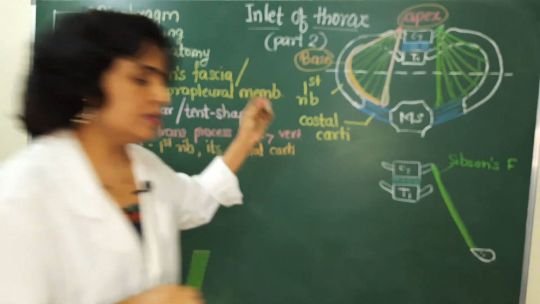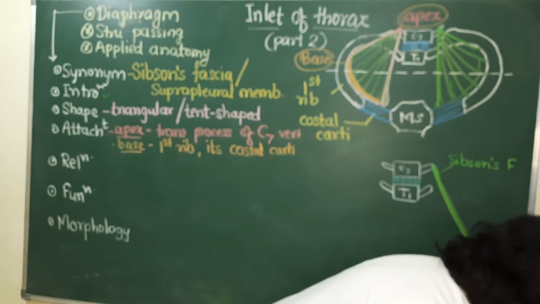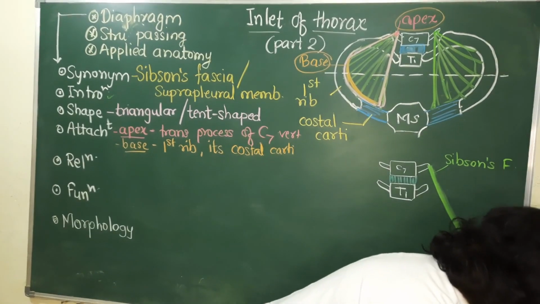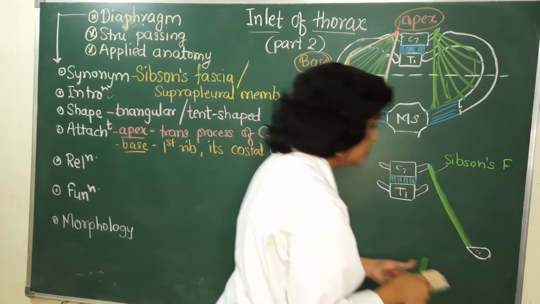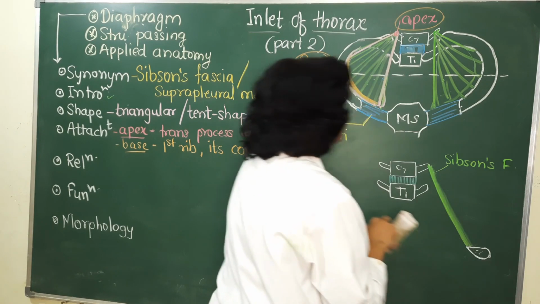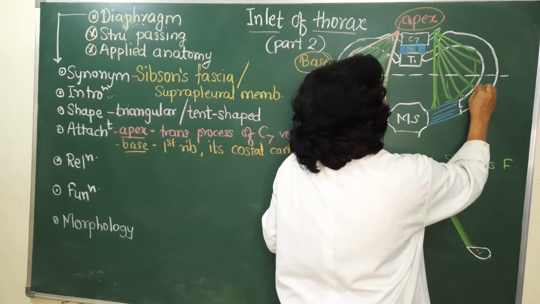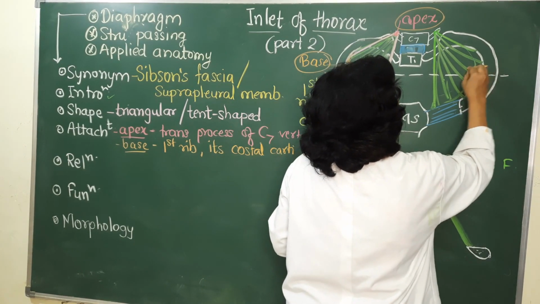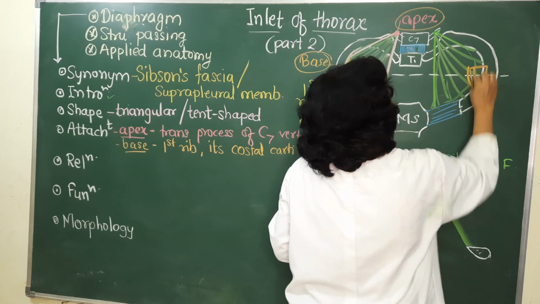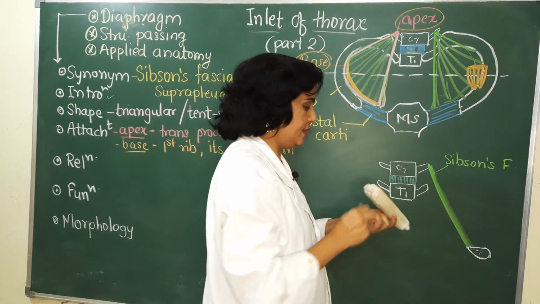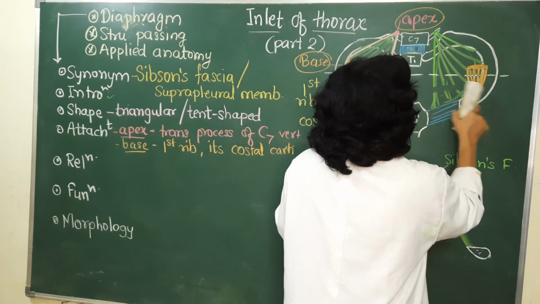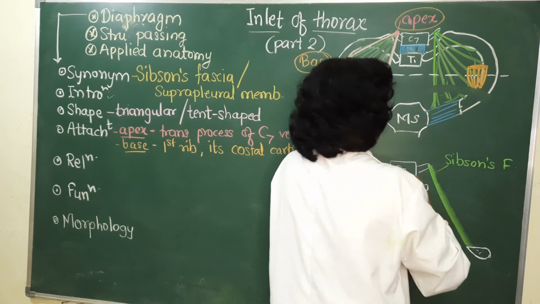Now the same here we will draw in the diagram. So now coming to our diagram here. In this region somewhere you get the scalene tubercle, where there is attachment of this scalenus anterior muscle. This muscle is scalenus anterior muscle. In front of that you get a groove here.